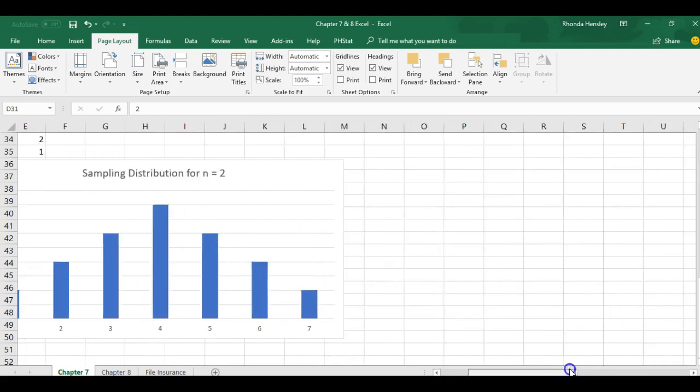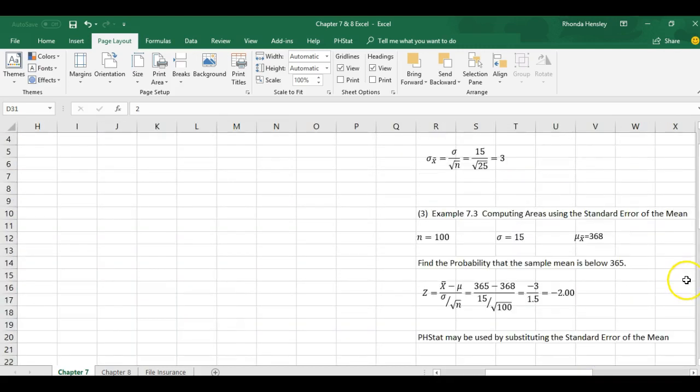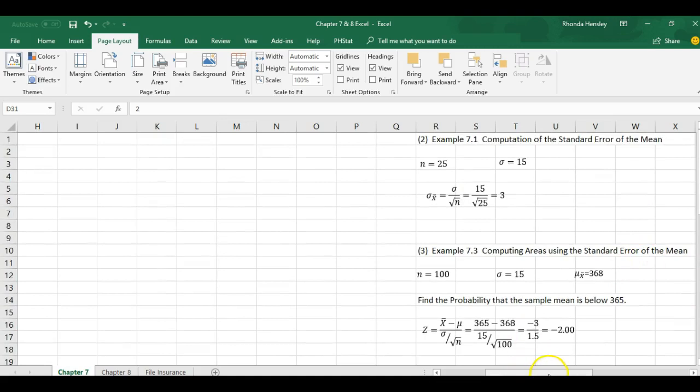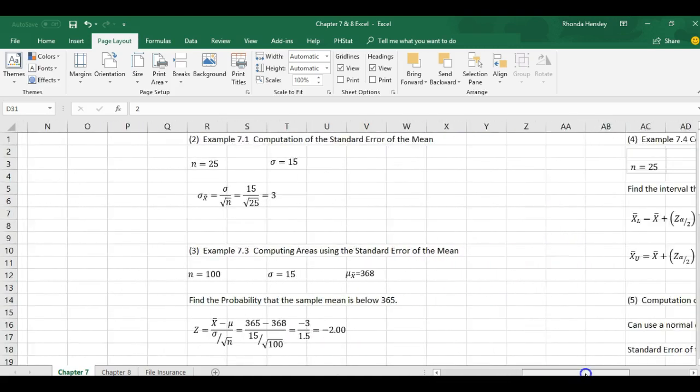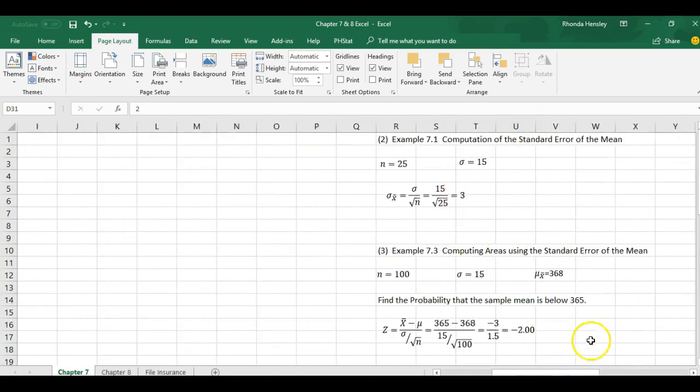The second part of this is what do we do with all these numbers that we just created? So he goes through several examples in the book. The first here, in example 7.1, talks about what changes when you begin to look at inferential statistics. Since you're taking a sample, you remember our z-score formula said z equals x minus mu divided by sigma.